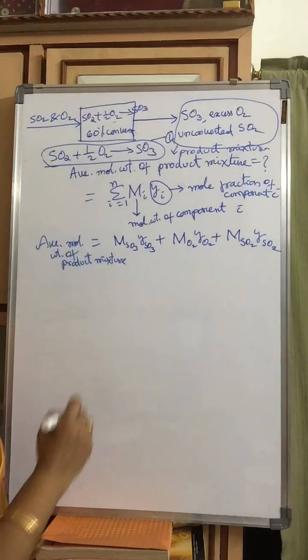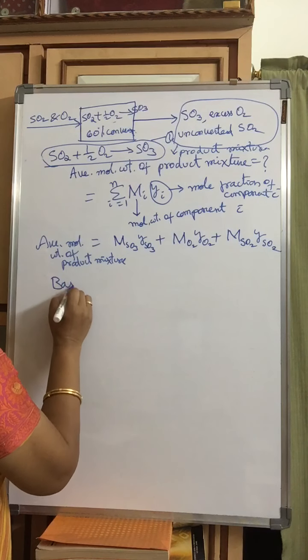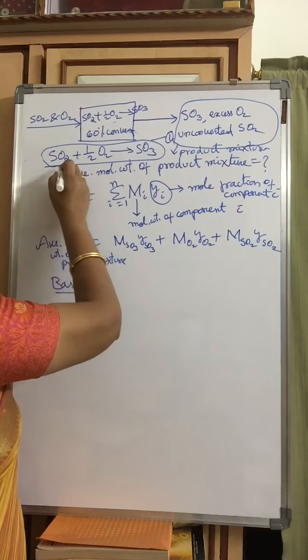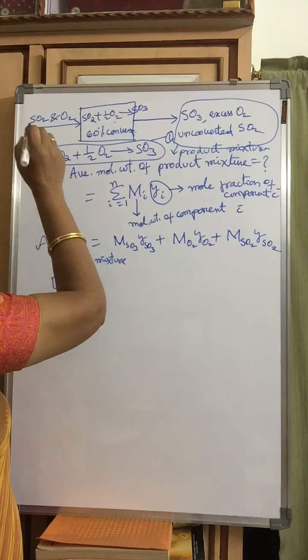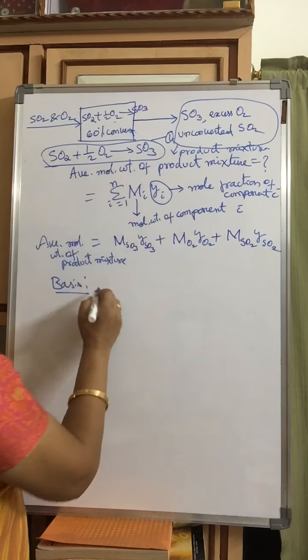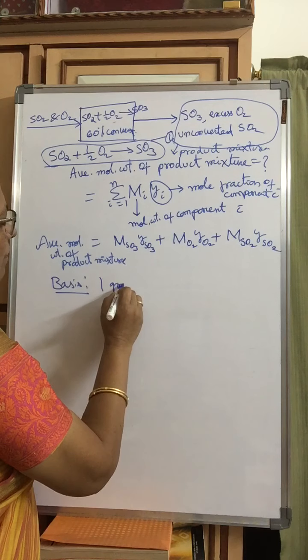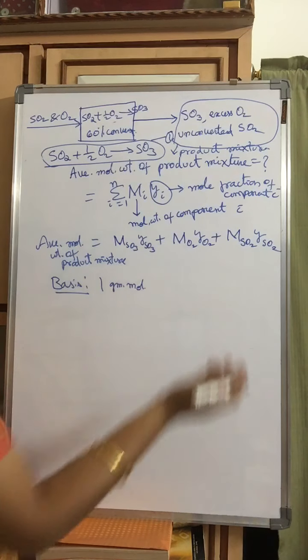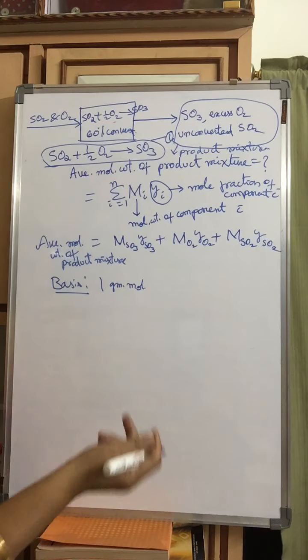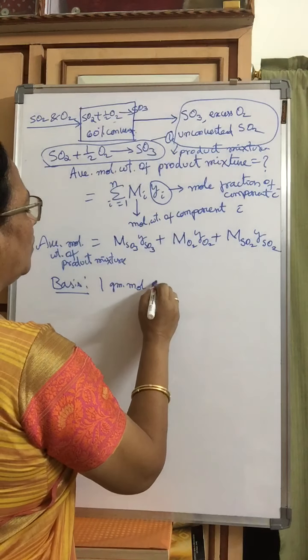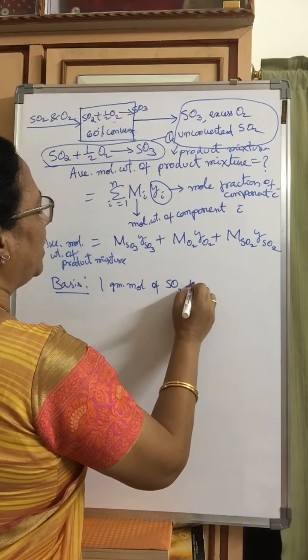Now what is your basis here? Let us take it according to stoichiometry. Shall we take 1 gram mole here? No units are mentioned, so you can take either kilomole or gram mole. So the basis is 1 gram mole of SO2 fed.